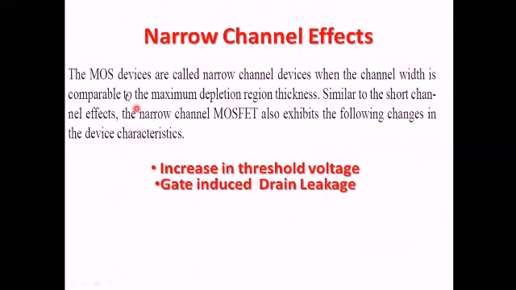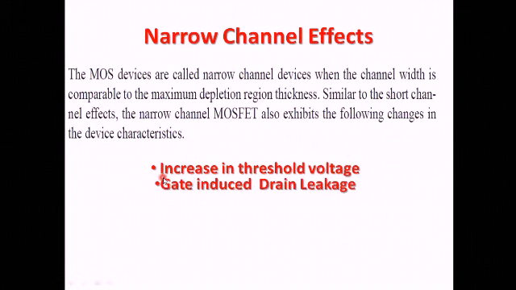Now let us see what the narrow channel effects are. The MOS devices are called narrow channel devices where the channel width is comparable to the maximum depletion region thickness. This is important, that is, the maximum depletion region thickness. Similar to the short channel effect, the narrow channel MOSFET also exhibits the following changes in the device characteristics.